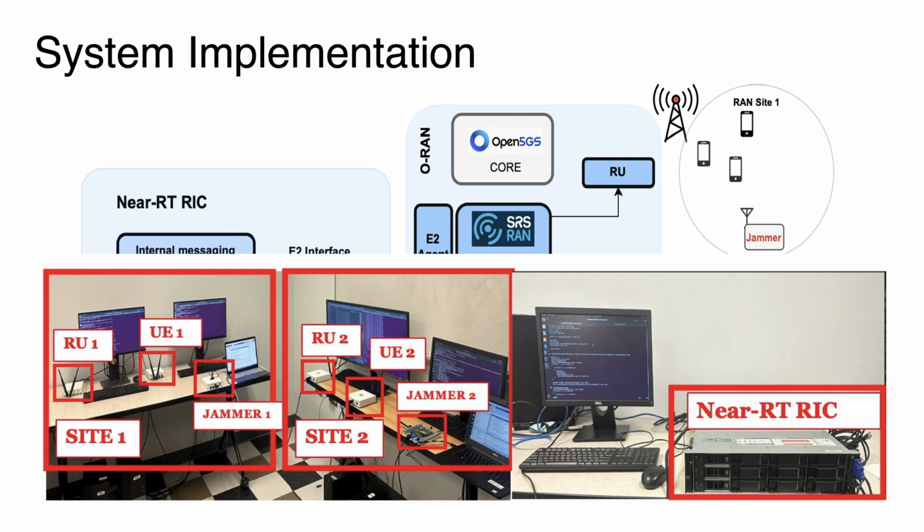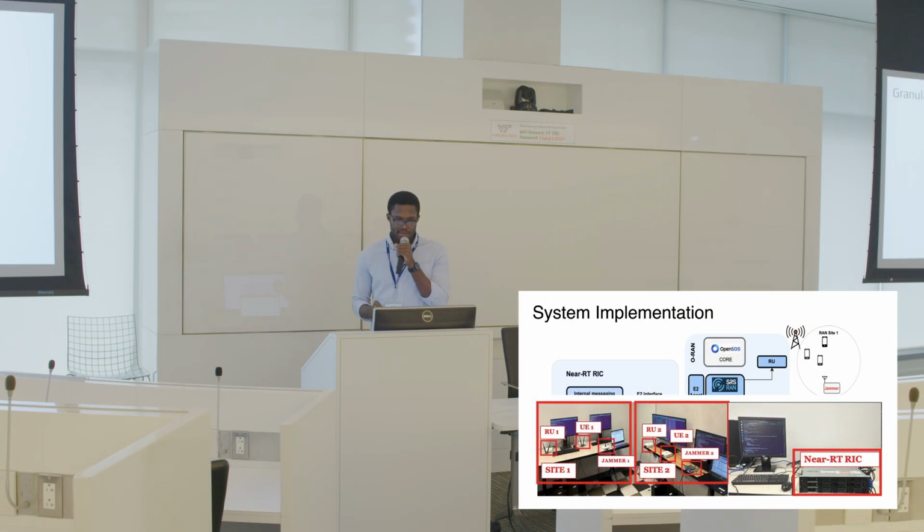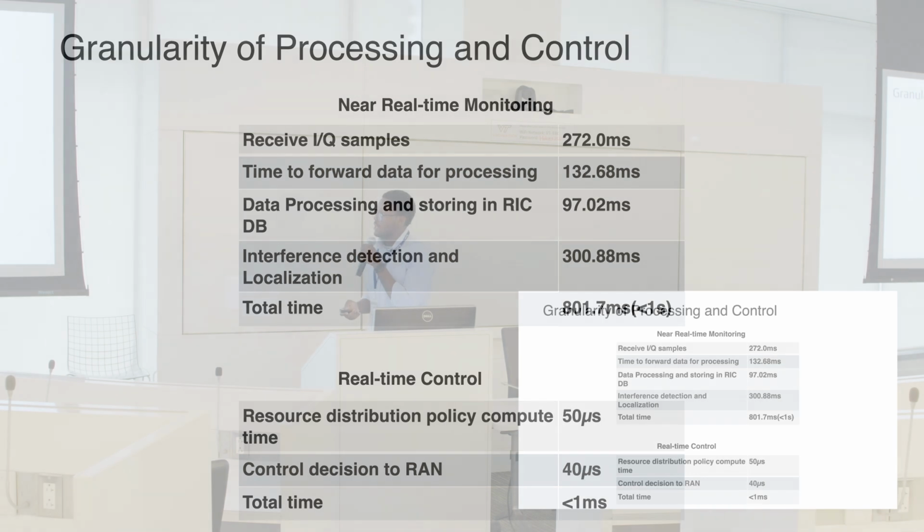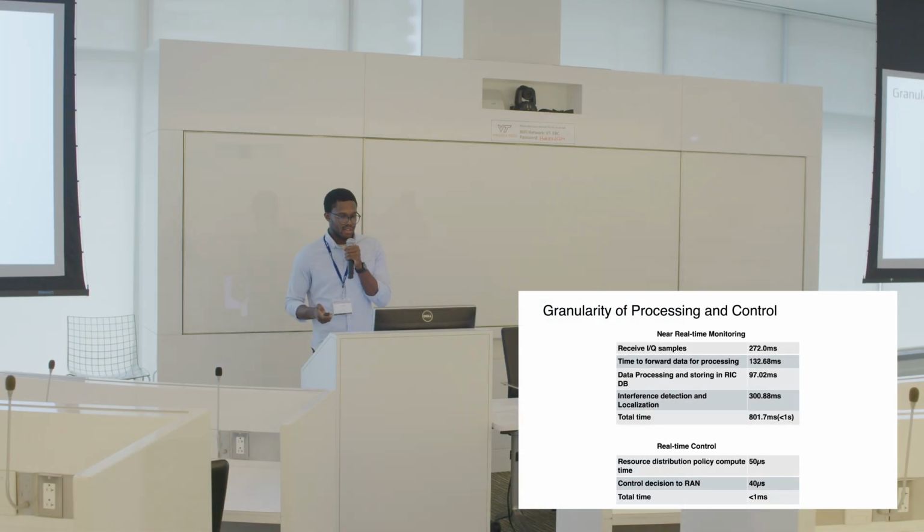We also monitored the timing and granularity of processing and control of the whole process: the near real-time monitoring we achieved in less than a second, and the real-time control, done by the edge RIC, was less than a millisecond.